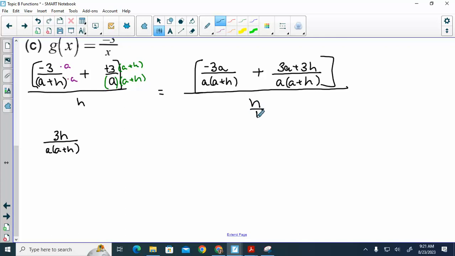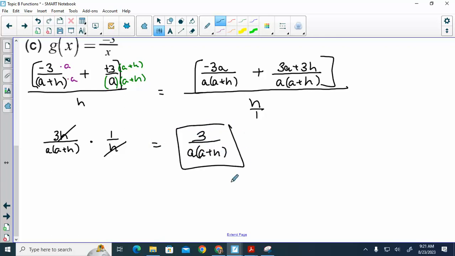How do you divide fractions? Flip and multiply. So I would say I could take this times 1 over h. What happens then? H's drop. You get 3 over a times a plus h.